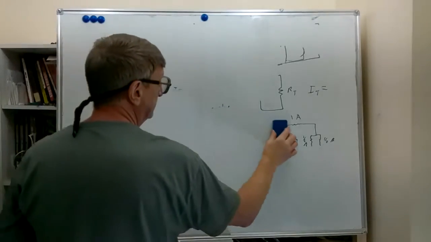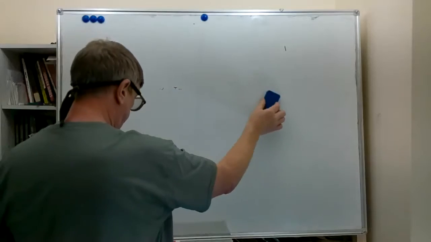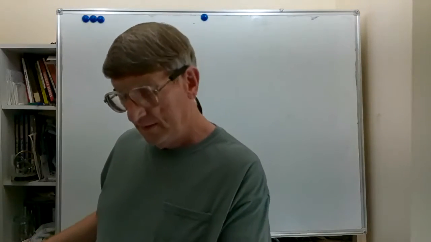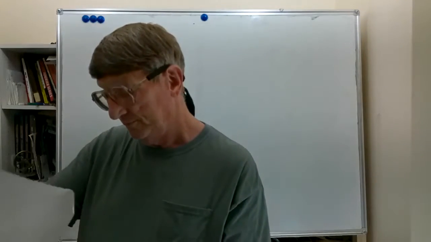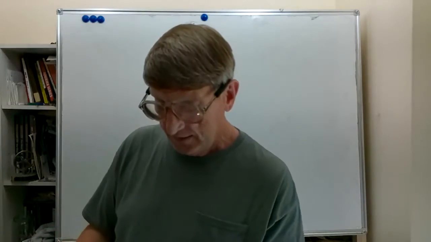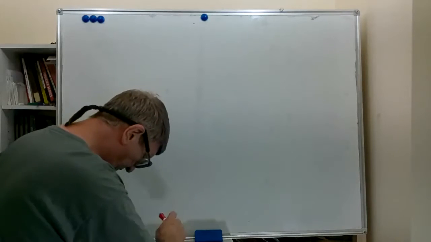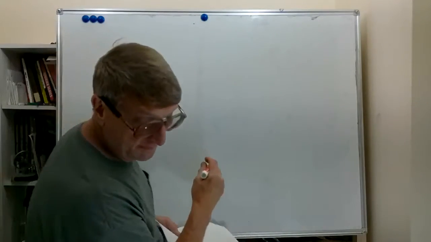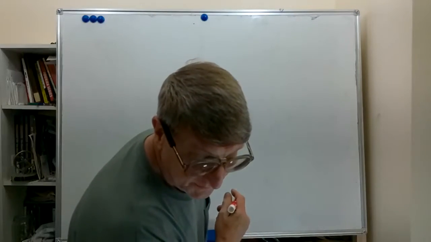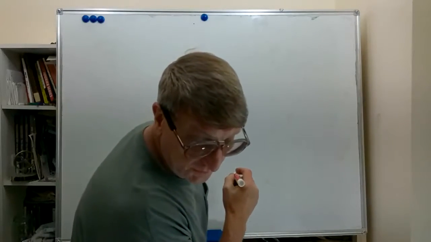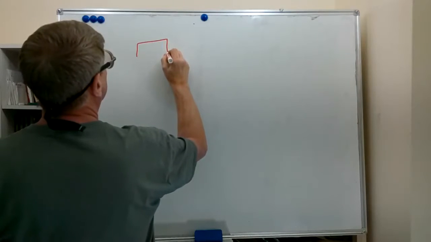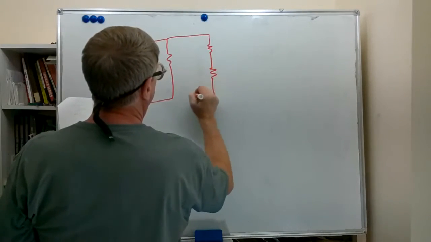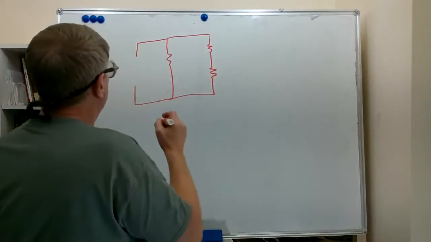And we're going to work on a few of them. Say we have a circuit, we'll draw you another circuit, and we have a couple of resistors, one resistor here, we have another two resistors in series here. 120 volts here.